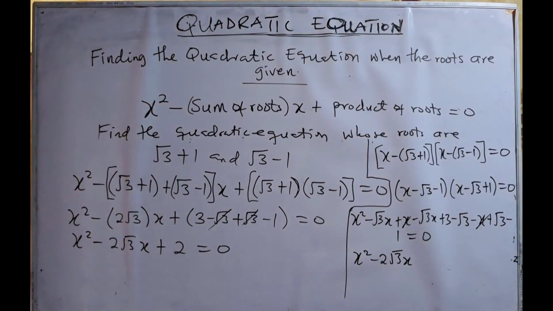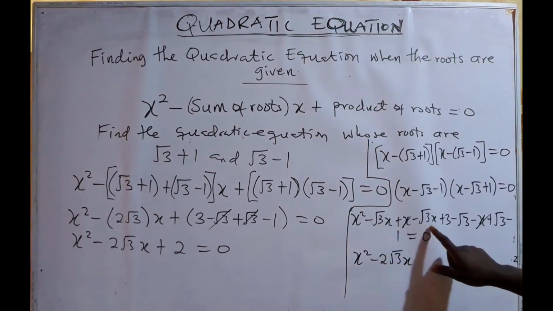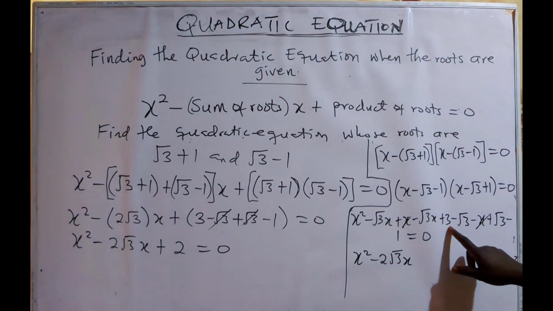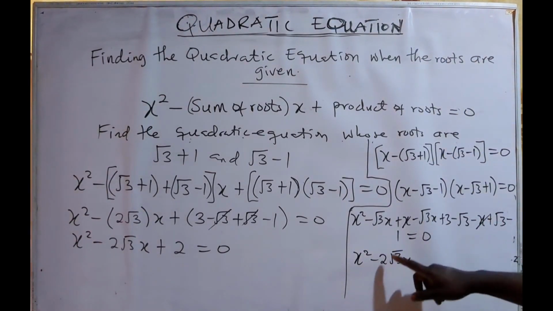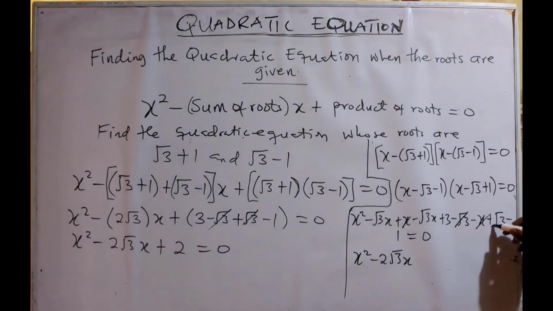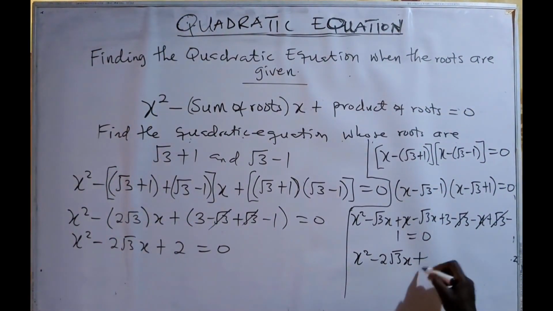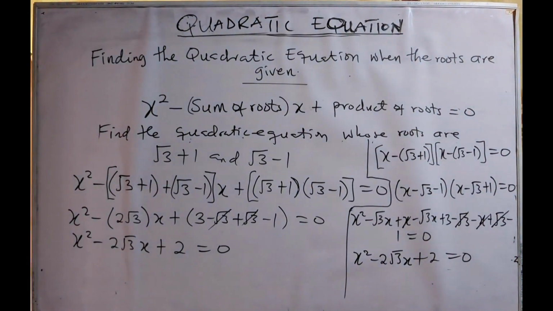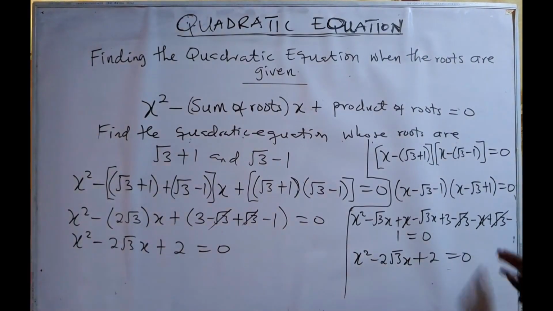Then I have 3 minus 1, which is 2. And root 3 minus root 3 plus root 3 will also go. So I have 3 minus 1, which will give me positive 2, equal to 0. So I have x squared minus 2 root 3x plus 2 equal to 0.